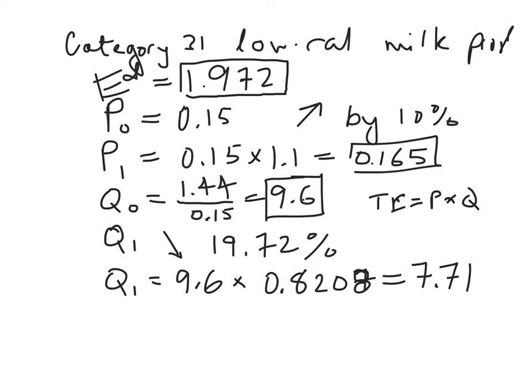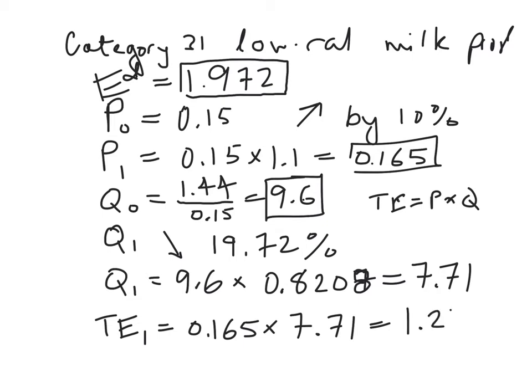And now as far as total expenditure, the new total expenditure, I have the new price is 0.165, and I'm multiplying that by the new quantity, 7.71, and I'm just going to do that in real time since I had a typo floating through my work before. I get total expenditure of 1.27.